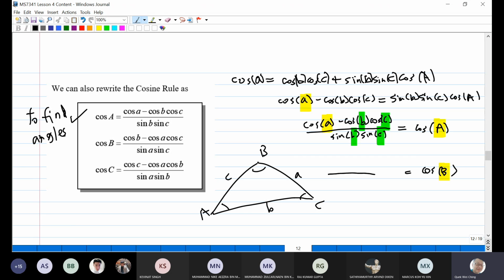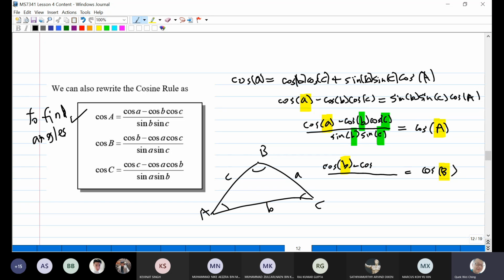So you write cosine B now, the yellow one, the same. Then minus the other two, so you only need A and C now.